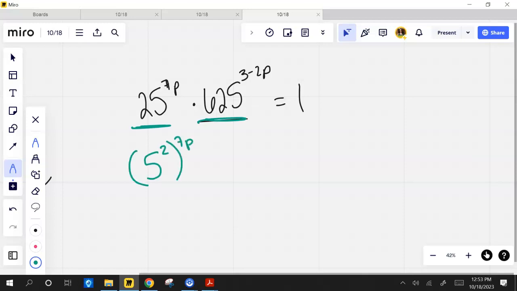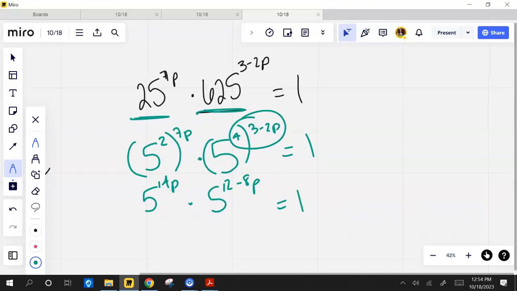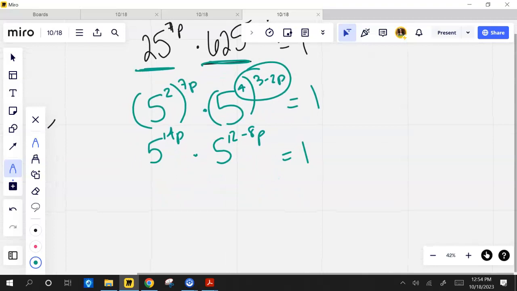And this 7p is still out here, times 5 to the 4, 3 minus 2p. So this becomes 5 to the 14p, 5 to the, and this multiplies and distributes through, 12 minus 8p. And what do you do when the base is the same and you multiply? You add the exponents, right?